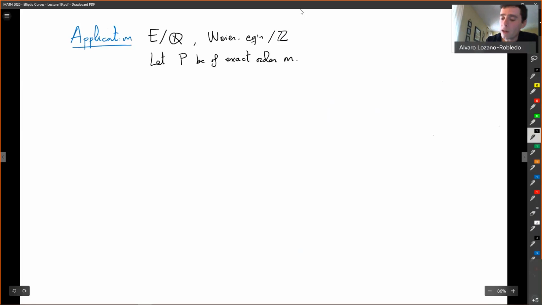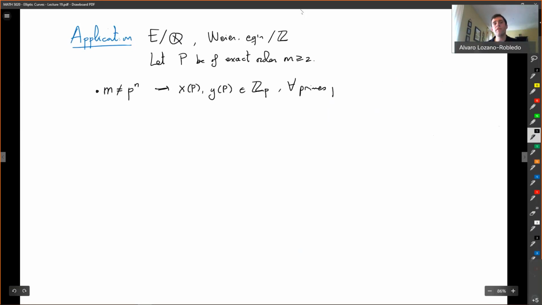Okay, some m bigger or equal to 2. So first, if m is not a power of a prime, then x(P), y(P) are in Z_p for all primes p. But if an element is in Z_p for all primes p, then it cannot have any denominators.